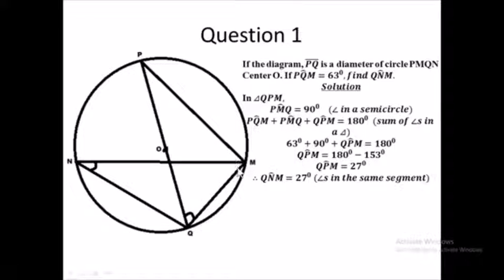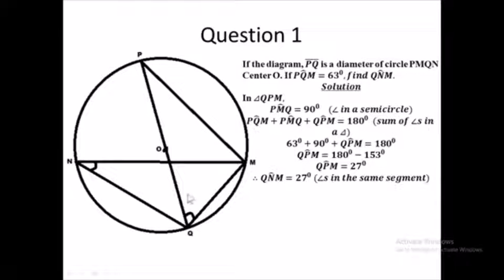Then if this angle here is 90 degrees, and you are given this one as 63 degrees, angle PQM, then we can find the third angle in that triangle QPM. This one plus this one plus this one will give us 180 degrees, the reason being the sum of angles in a triangle.